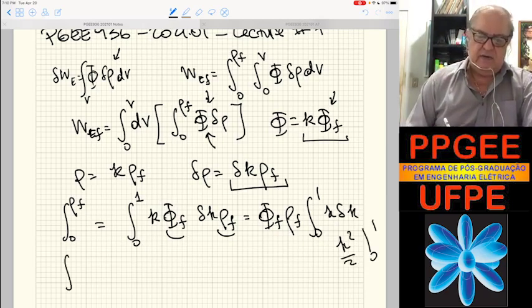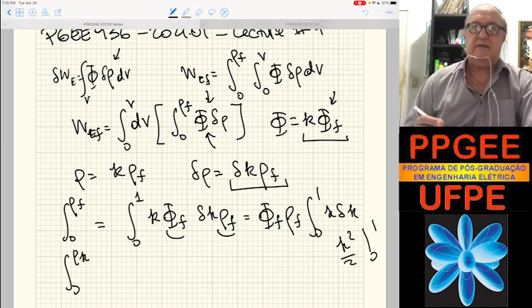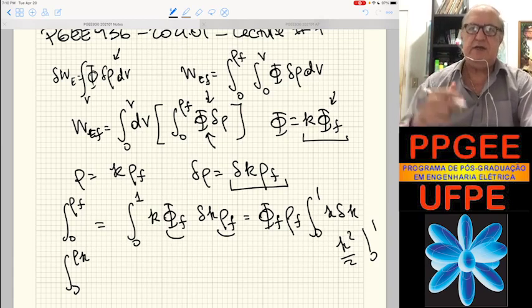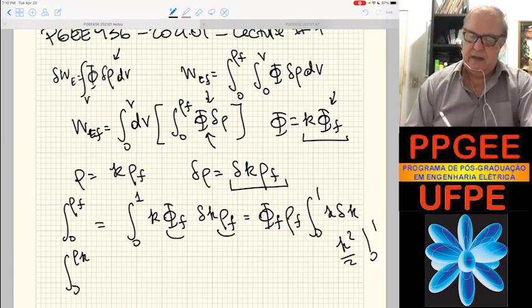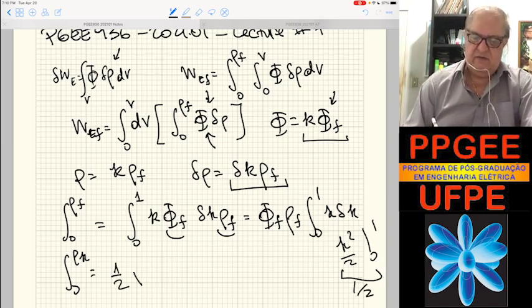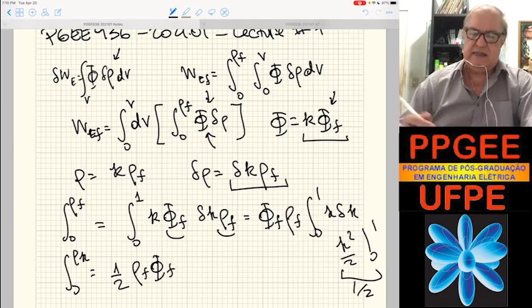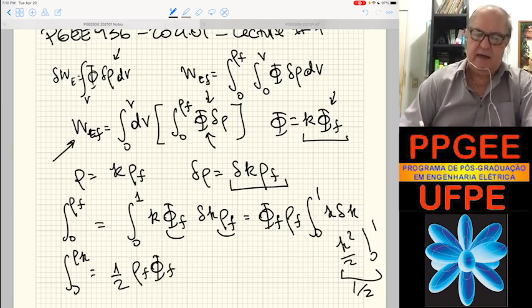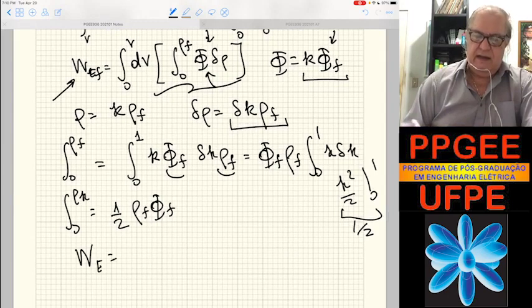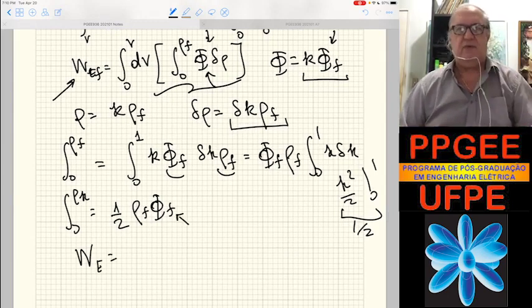So the integral in the state space, which is the space in which we change the charge density, is going to be 1/2 of rho f phi f. So when we have a linear system, if I plug this back here, the final energy, let's say WE, let's now go back to the traditional symbol.